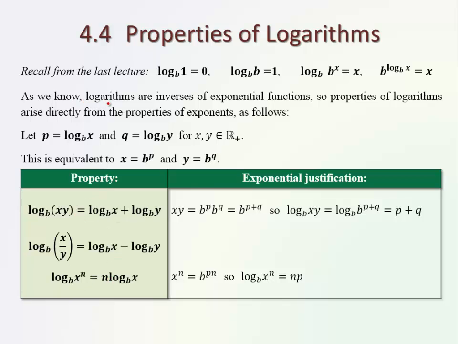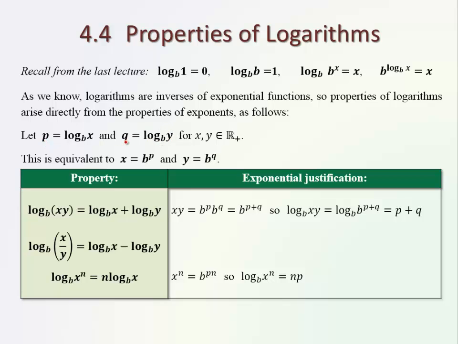How do we know about those properties? Well, since logarithms are inverses of exponential functions, the properties of logarithms arise directly from the properties of exponents. To see it clearly, for any real positive numbers x and y, let's assign values log base b from x as p and log base b from y as q.